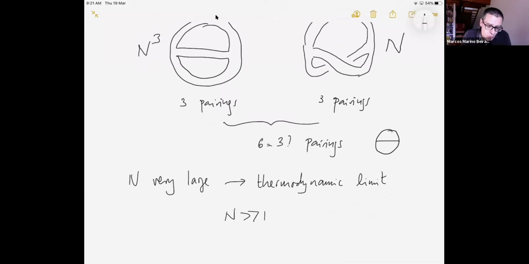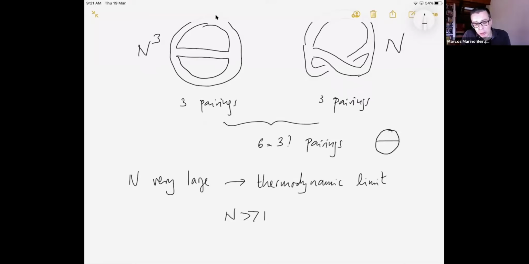And for those of you who are interested in the physical aspect of this story, essentially this large n limit appeared in the context of quantum chromodynamics. Quantum chromodynamics is a theory in which there is no control parameter. You cannot decide that the coupling is weak or strong, because this depends on the regime of energies you are working in. For example, at low energies the coupling is always strong, whatever you do.